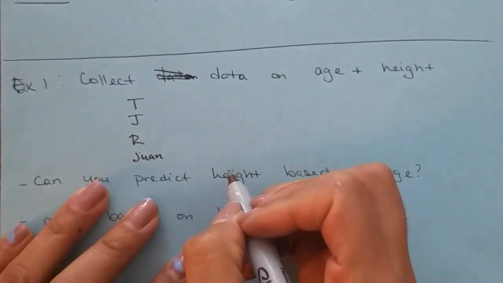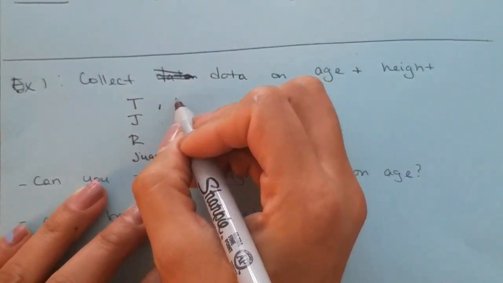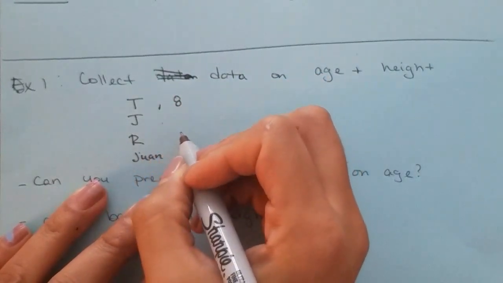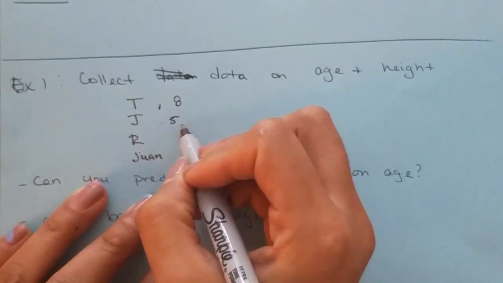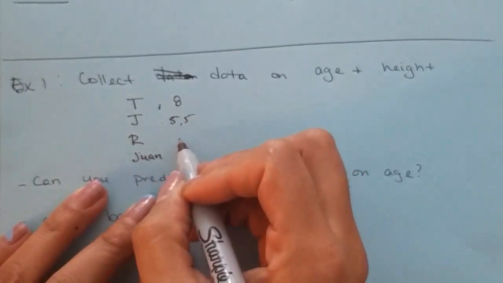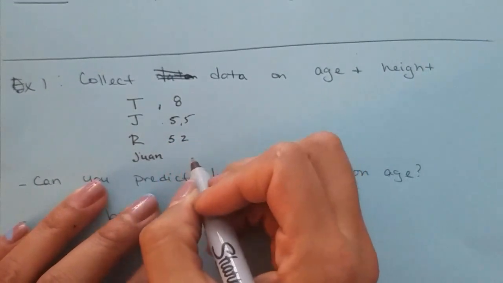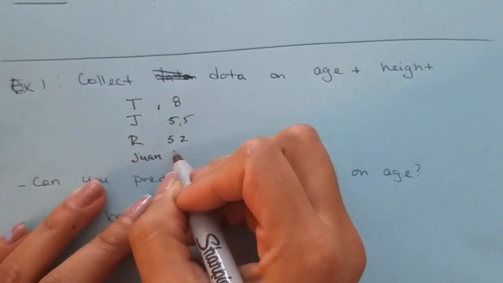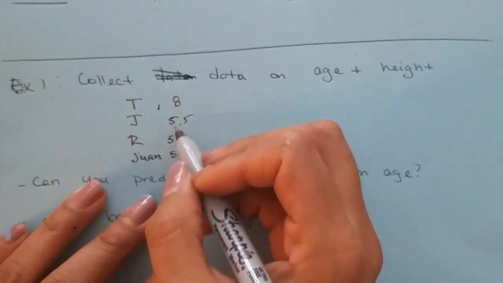Okay, and we want to get their height. Well, let's say Tyler is 8 feet tall. He's a giant. And Jenny is 5'5". Ramon is 5'2", and Juan is 5'3".